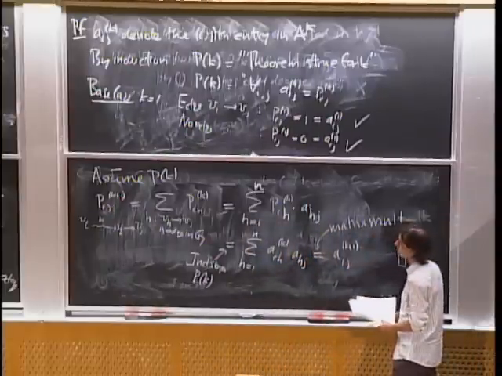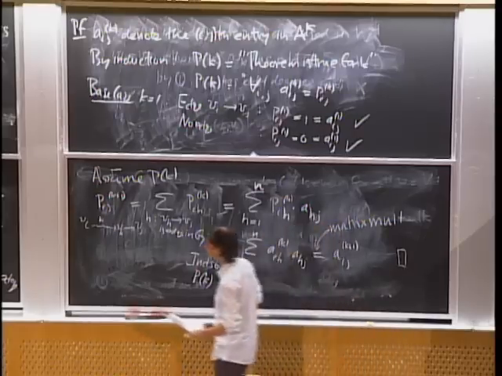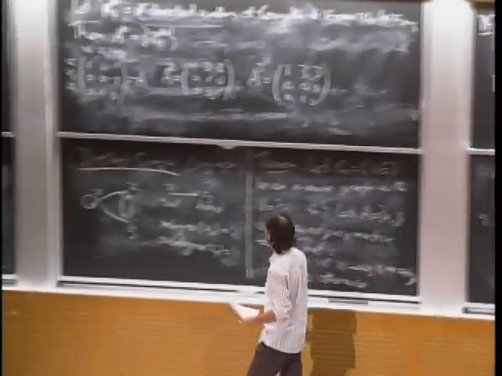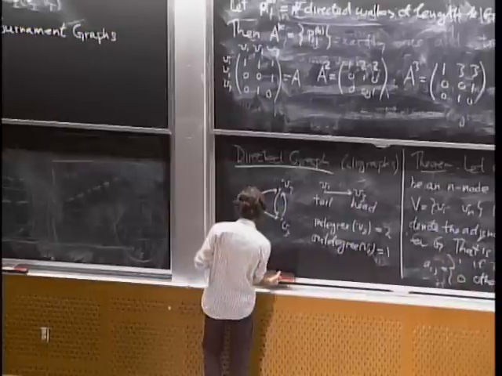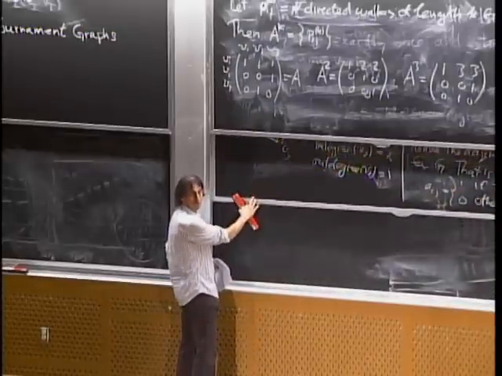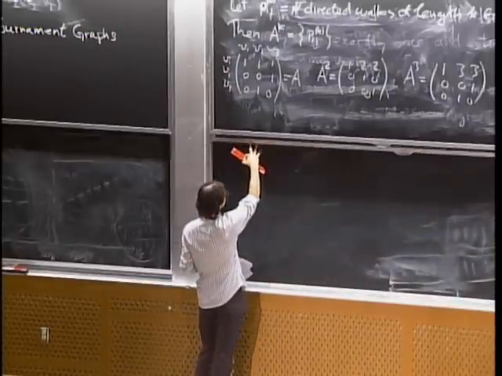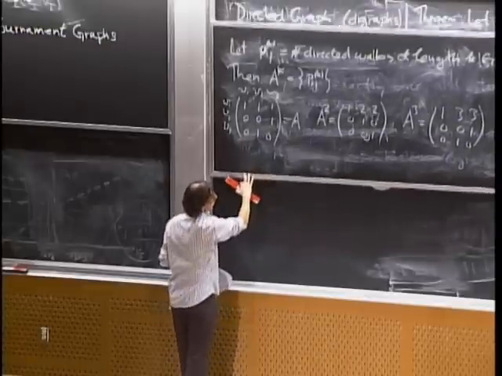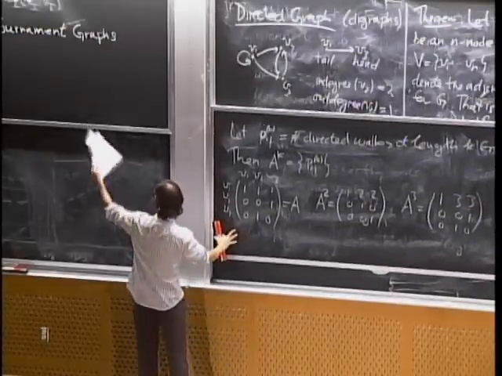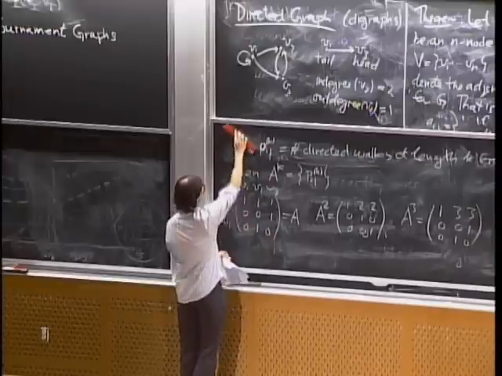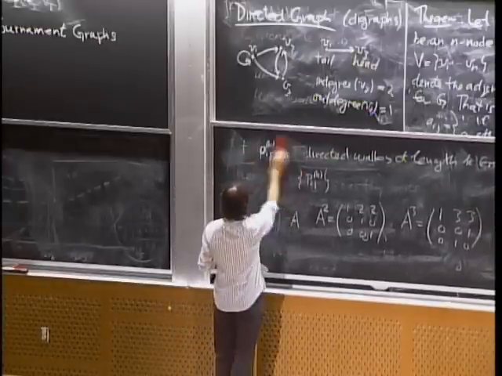Okay, so let's talk about a few more definitions concerning directed graphs. And then we will step into a very special type of graph, which are the tournament graphs up here. Okay.